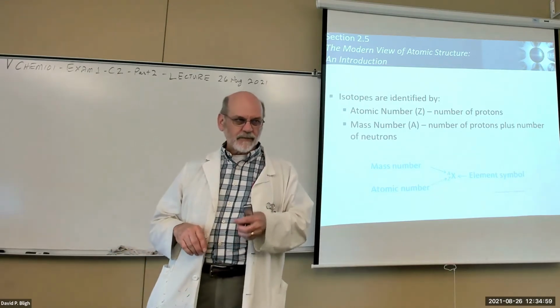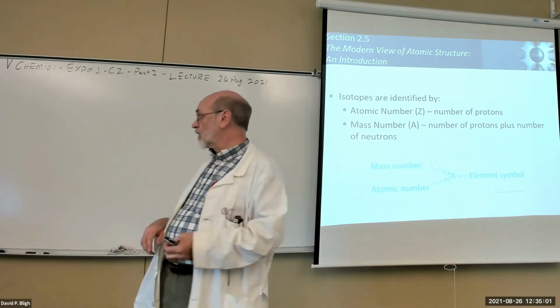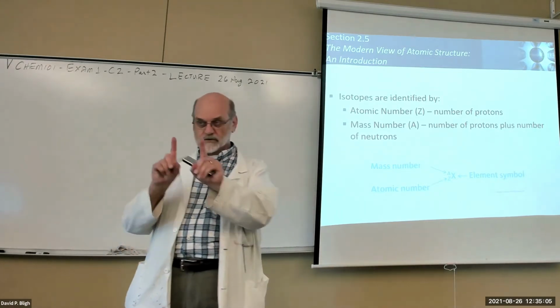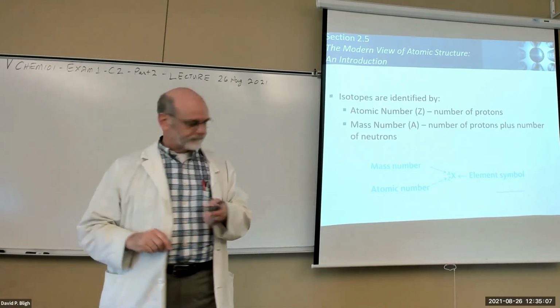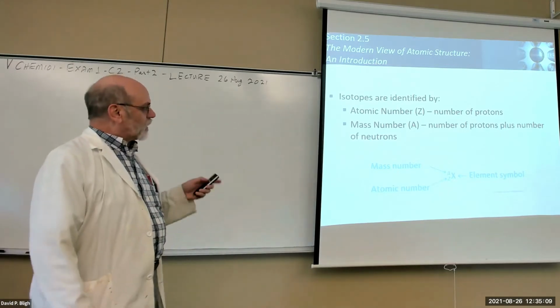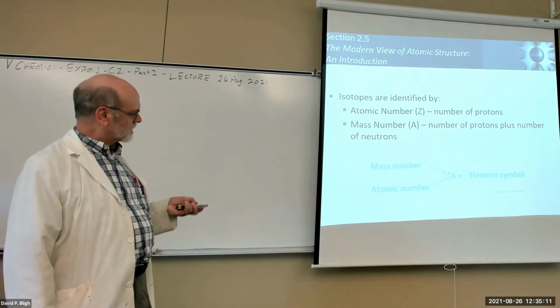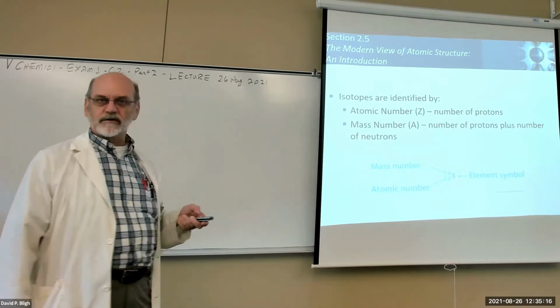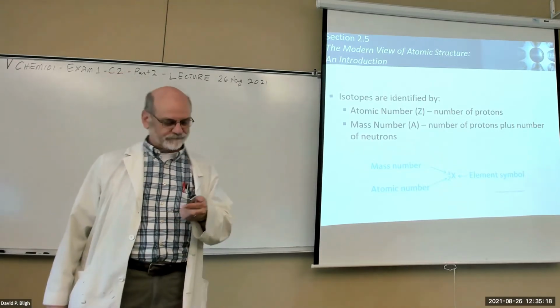There are a couple of exceptions, most notably chlorine. Chlorine is almost 50-50 between two isotopes. Okay, we talked about how to write the symbols, except this one leaves out two positions, the charge and the numbers of atoms.